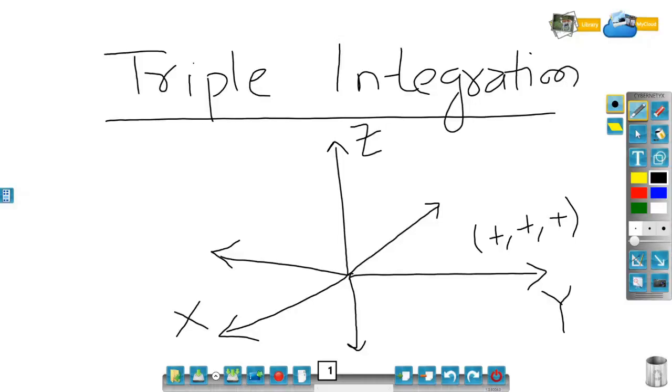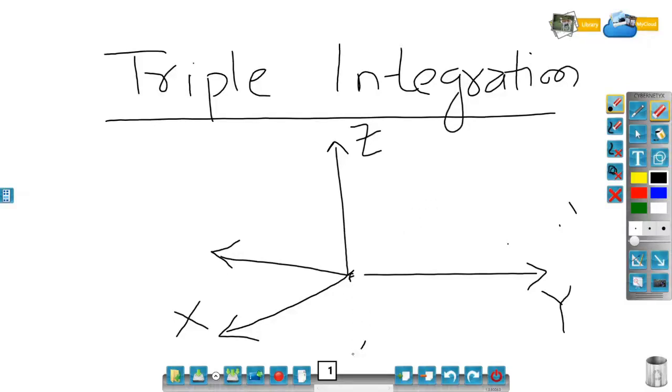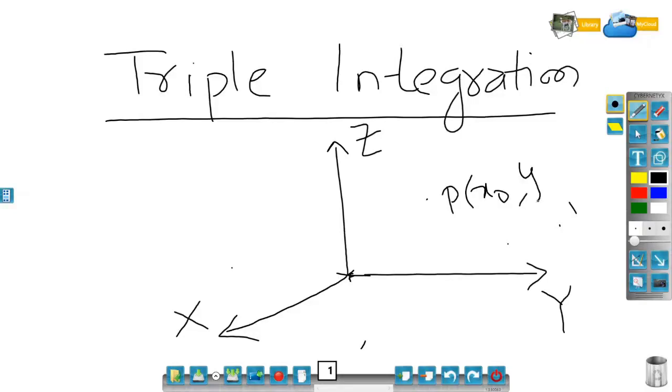So let me draw a point in the first octant. I'm not taking the negative axis now, only the positive axis. How does it look? Suppose this is a point P which has x naught comma y naught and z naught coordinates.